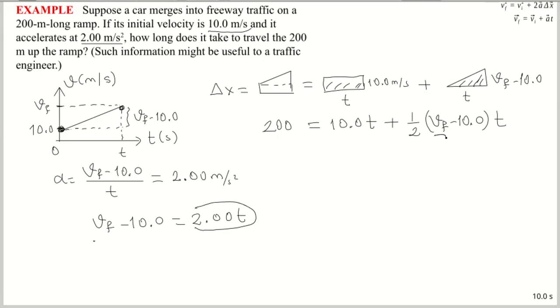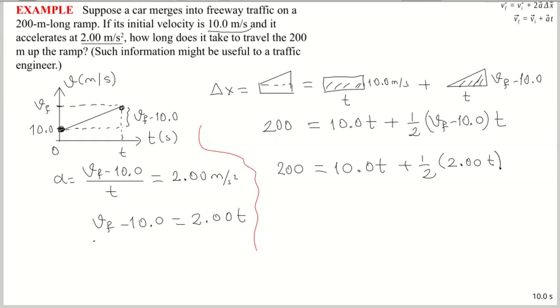I see the same term here, so I'm going to rewrite this with this given information. 200 equals 10 times t plus 1/2, not v final minus 10 because it is 2 times t, times t. There is another t here.